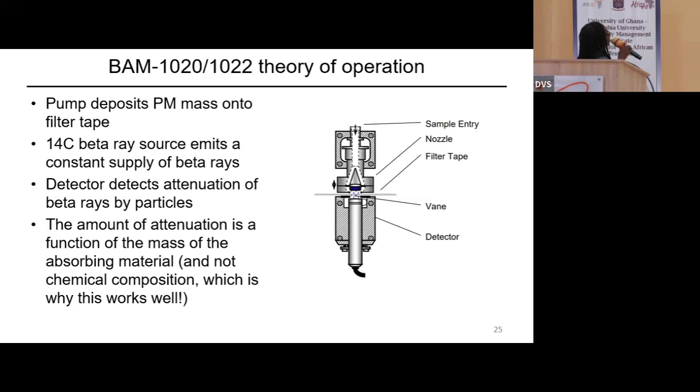The amount of attenuation is a function of the mass of the absorbing material. So how much attenuation determines the mass of the particulate. Next slide.